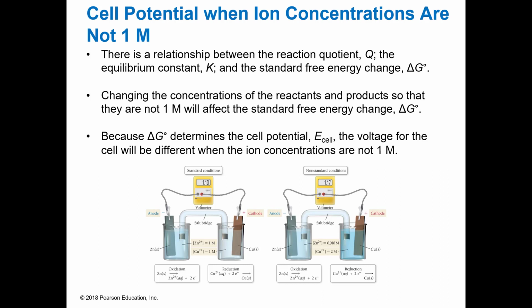All right, so there is a relationship between the reaction quotient Q, the equilibrium constant K, and standard Gibbs free energy. So changing the concentrations of the reactants and products so that they're not 1 molar will affect the standard Gibbs free energy.